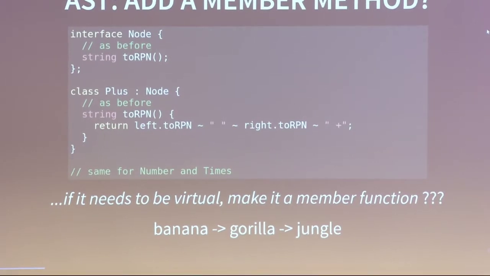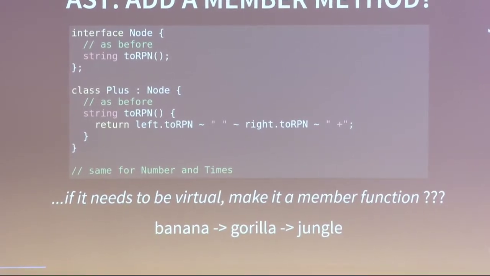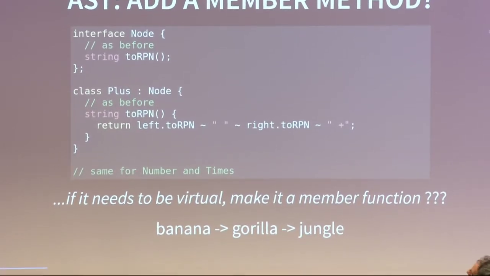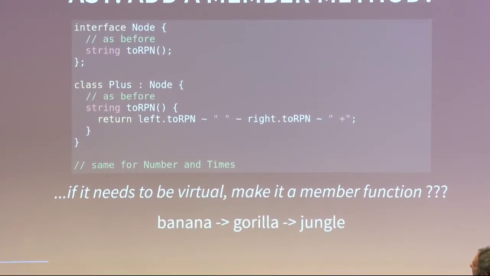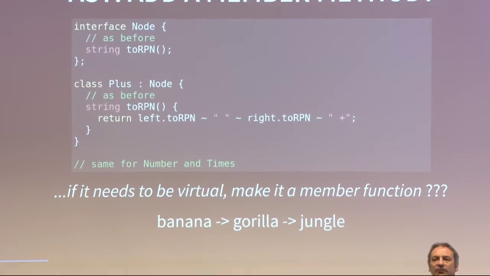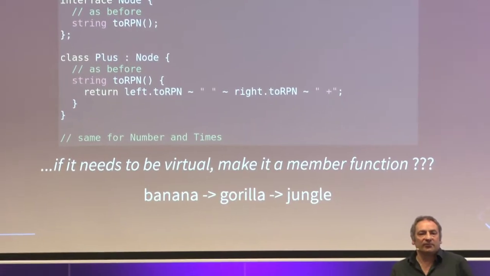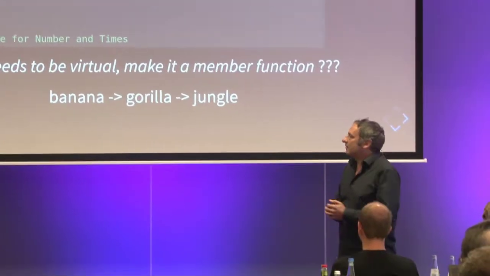Well, if we follow Scott Meyers' algorithm, we're cornered. It seemingly needs RPN to be virtual, so we have to make it a member function. It's not a good reason for doing so, but seemingly we have no choice.